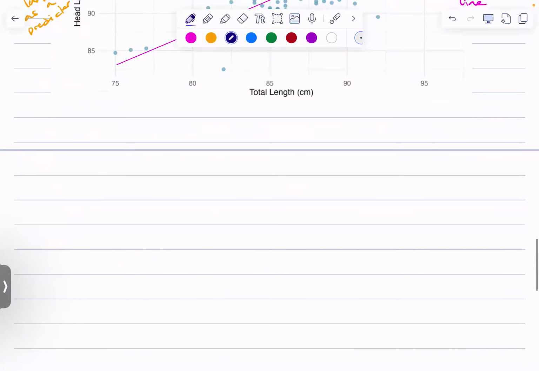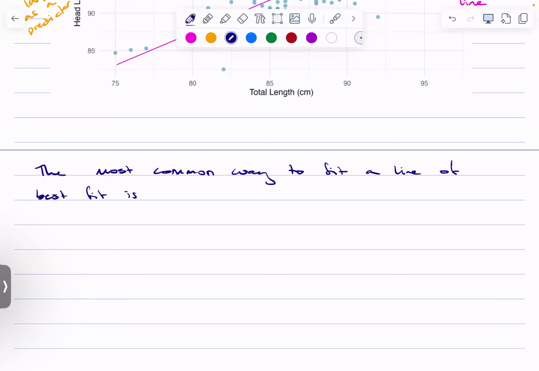So the most common way to fit a line of best fit is by a least squares regression line.